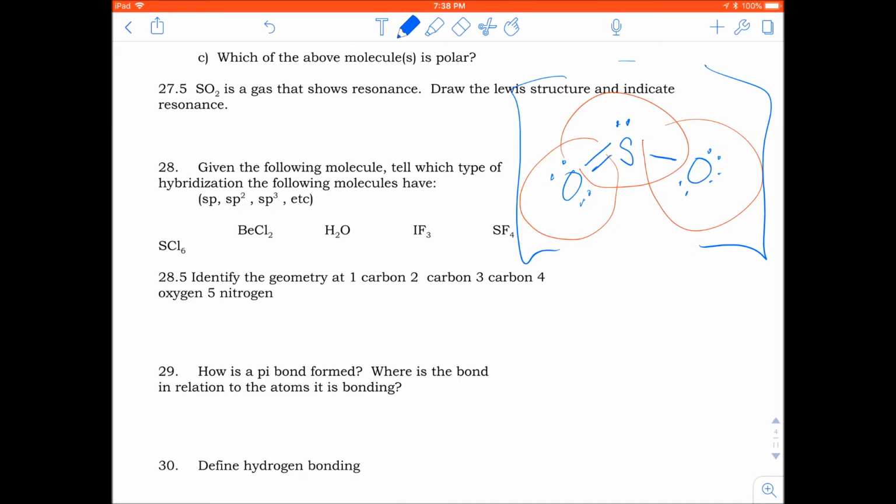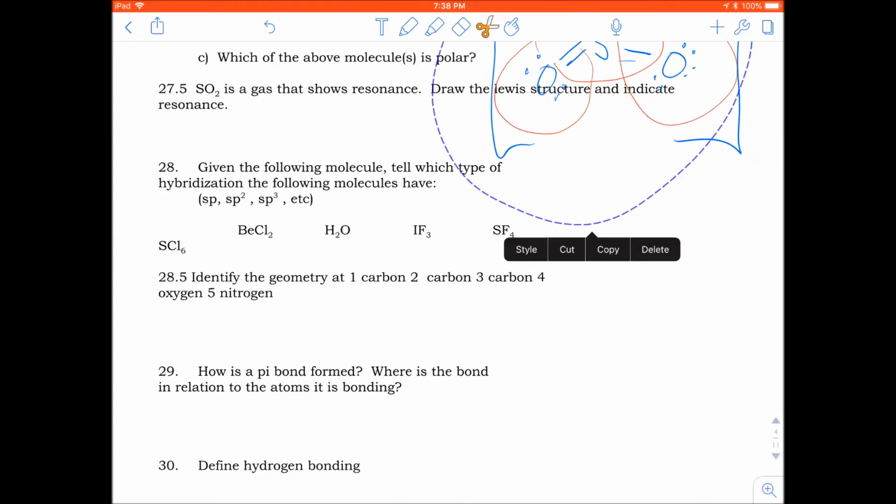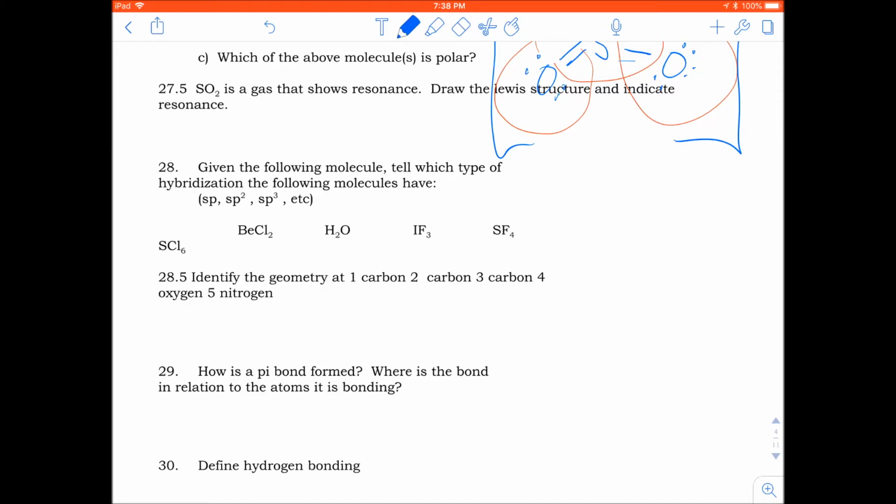All right, 29. Given the following molecules, tell what types of hybridization they have. So let's talk hybridization for a moment. We know s orbitals are circular, and then there are 3 p orbitals. The p orbitals are dumbbell shaped or peanut shaped, and each one of those orbitals orients on the x, the y-axis, or the z-axis, and then the s orbital will be in the middle.